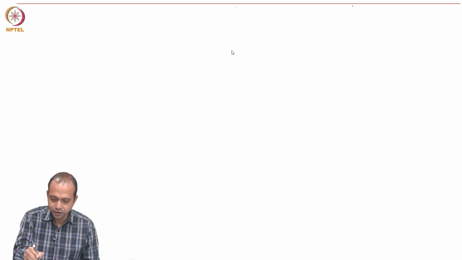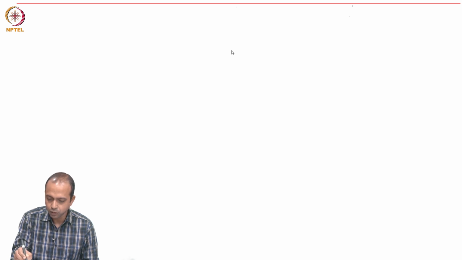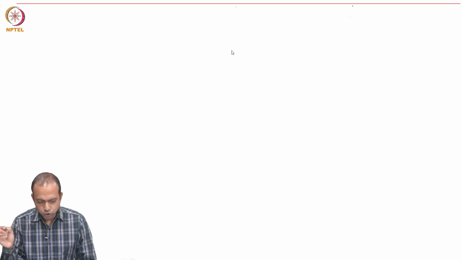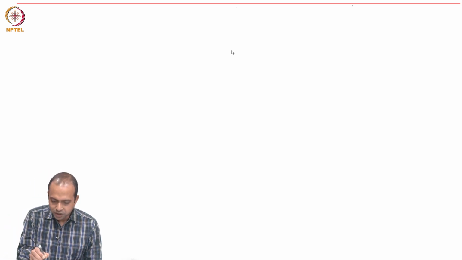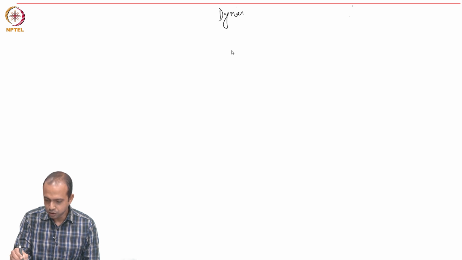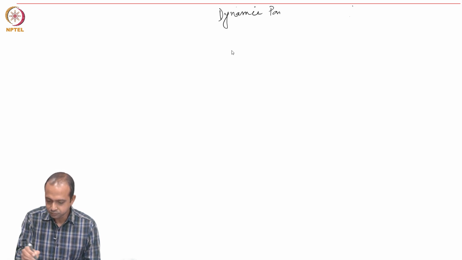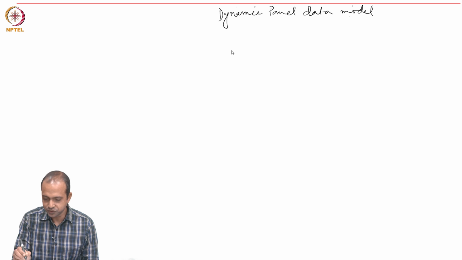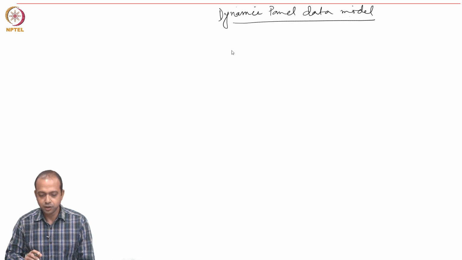So, this is the dynamic panel data model that we are going to discuss. Our model looks like Y_it equals rho Y_i,t-1 plus beta X_it plus u_it, where u_it is actually the summation of the unobserved individual specific effect plus the idiosyncratic error.